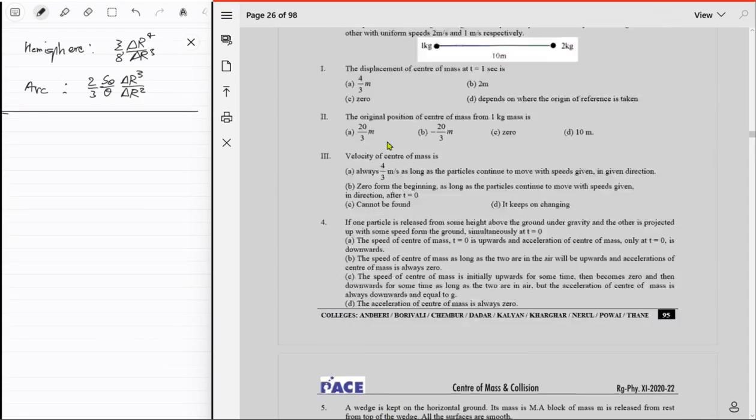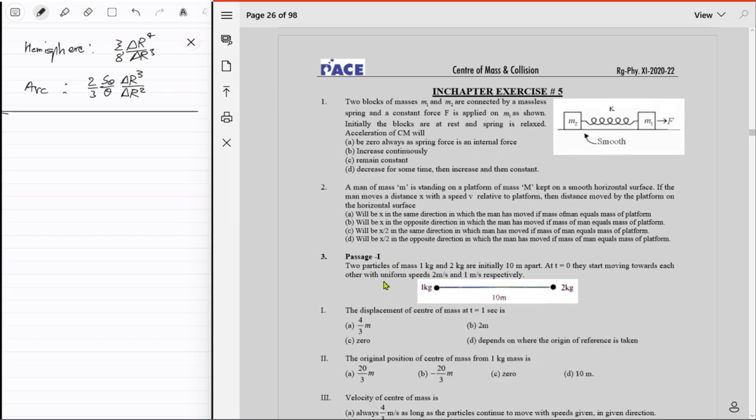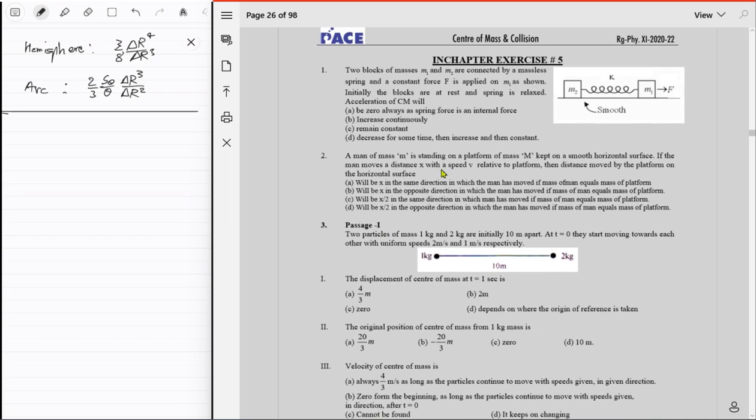Right. Then next question you have is a man of mass m standing on a platform of mass capital M kept on a smooth horizontal surface. If the man moves a distance x with a speed v relative to the platform, the distance covered by the platform on the horizontal surface will be... relative to the platform, of course. Let's call that distance y.